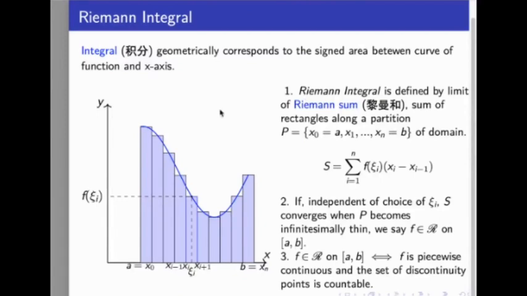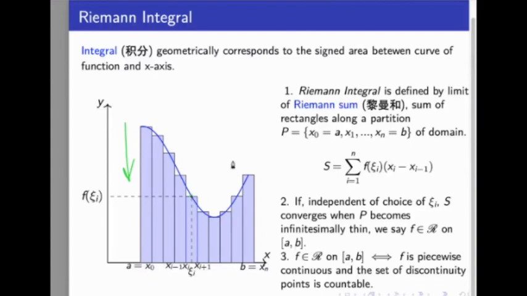Geometrically, the integral can be treated as the signed area between the curve function and the x-axis. By chopping the graph along the x-axis, the integral domain [a, b] is split into small pieces. On each piece, the curve is approximated by a rectangle whose height is the sampled value along the curve.